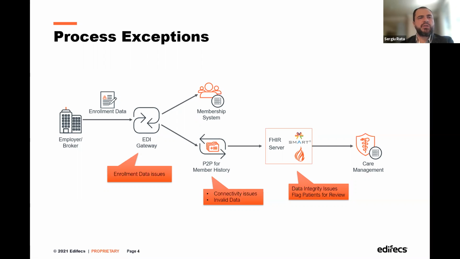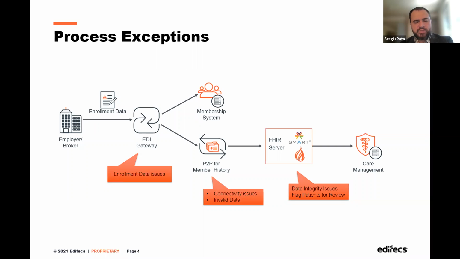It could be issues related to the data itself received. And then as this data is received and pushed into the FHIR server, there could also be data integrity issues, things that may not add up. And finally, of course, the new data could be used to flag the members for additional review and potential enrollment into a care management process.